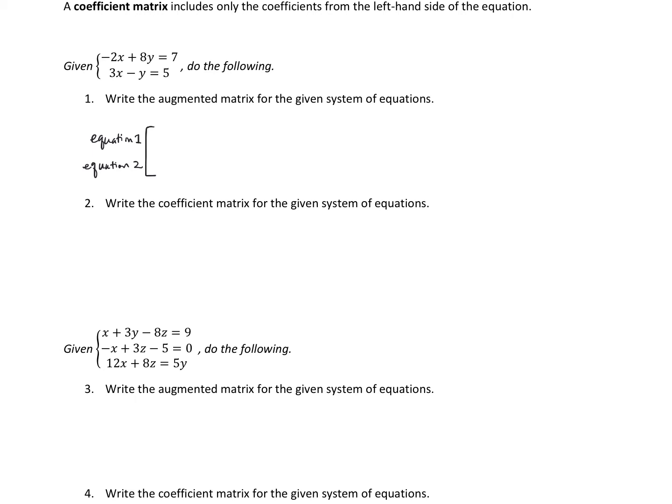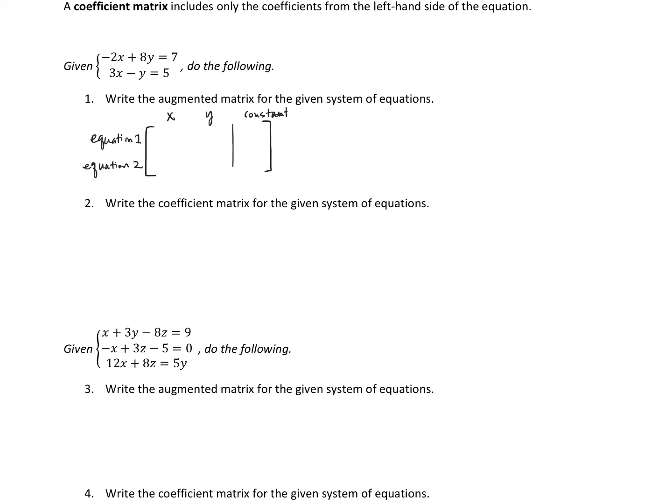And then you're going to line it up so that the coefficients of x are going to be in the first column, and the coefficients of y are going to be in the second column. And then you can use a straight line to kind of separate. It's kind of like the equal sign. It separates the coefficient matrix from the solution or the constant on the right. So the last part is the constant term.